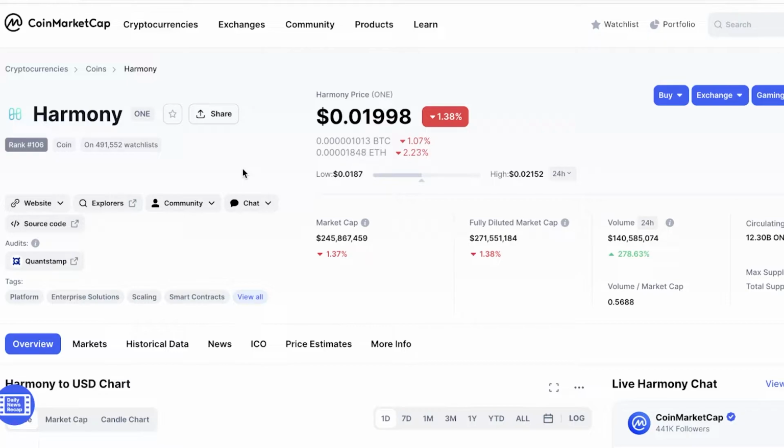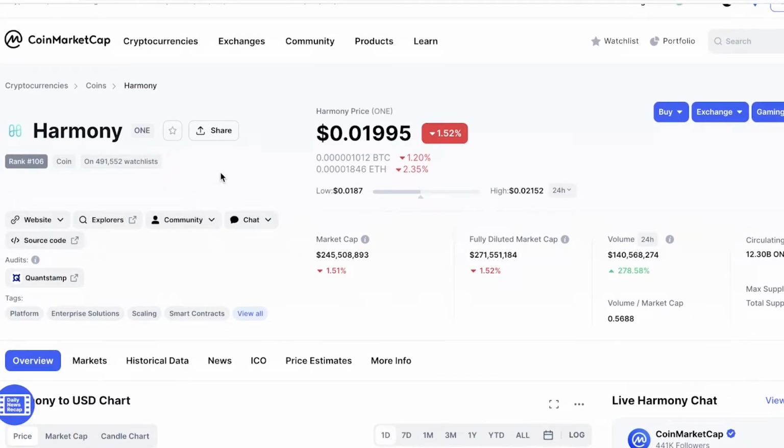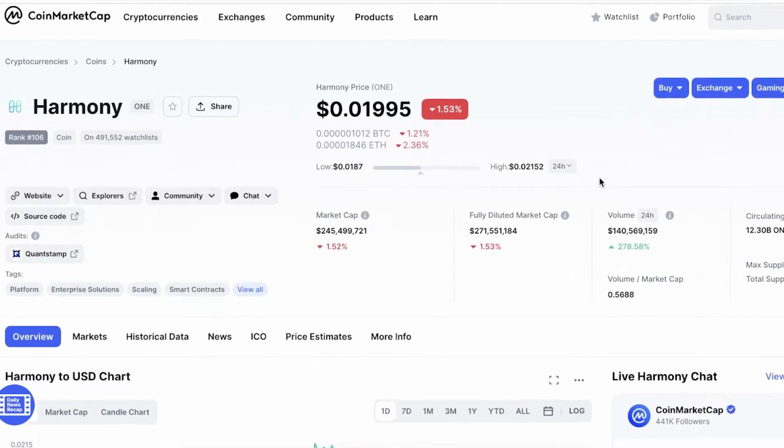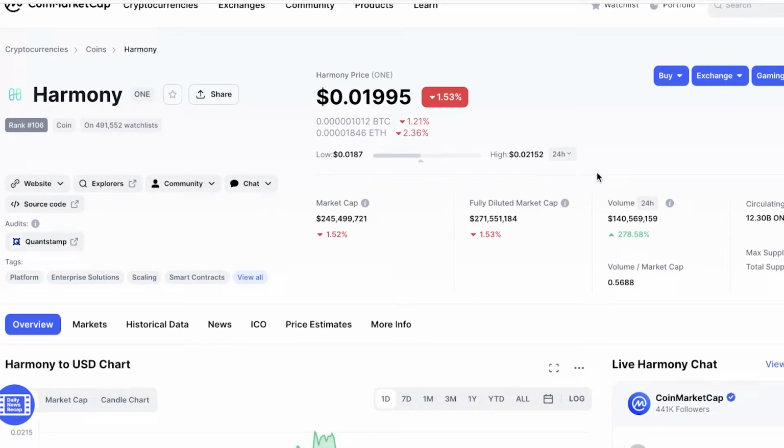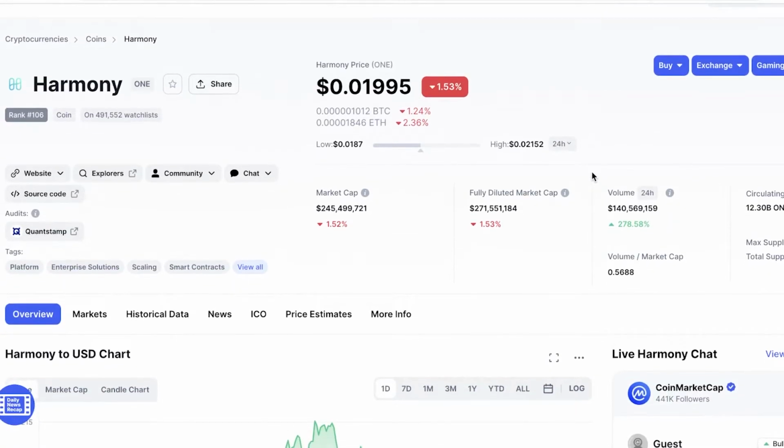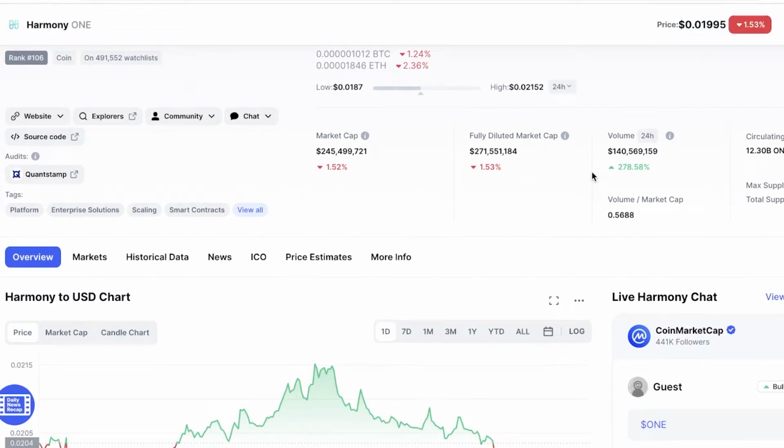The fully diluted market cap is around 270 million, and the overall 24-hour trading volume for today was 140 million, and the overall circulating supply for One is 12 billion. So you can see that One is a very popular token with quite the large total supply. The circulating supply is 12 billion and the total supply is 13 billion presently, and it could increase as well with the minting of more tokens.